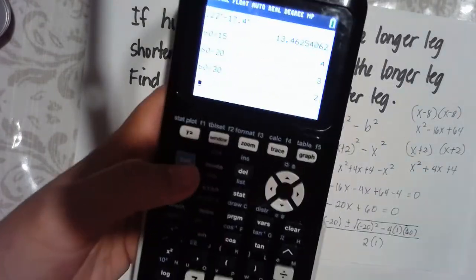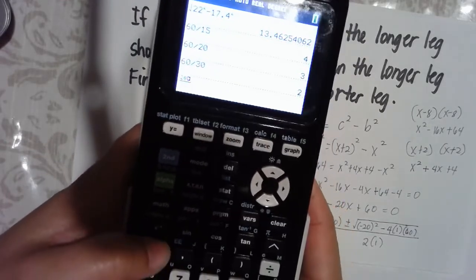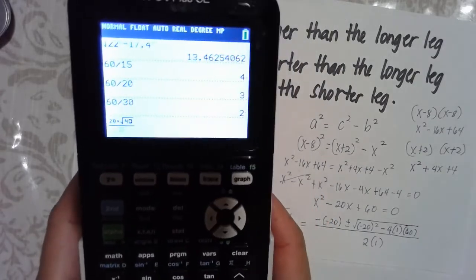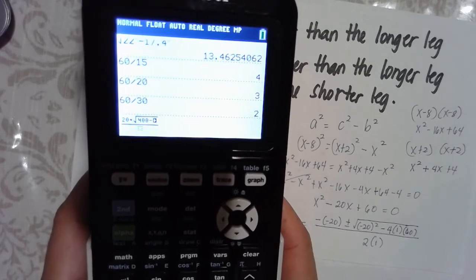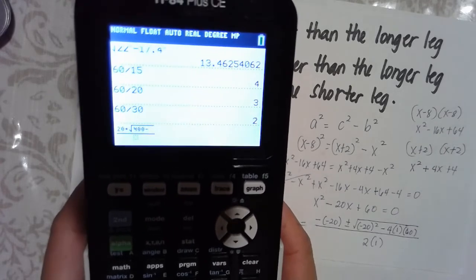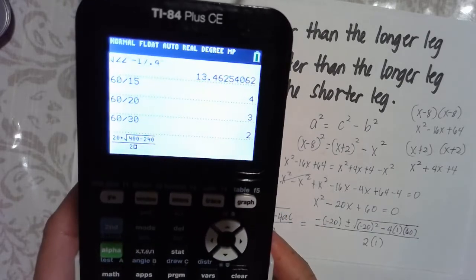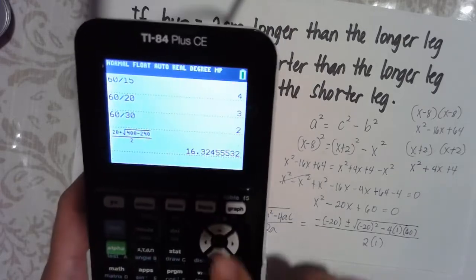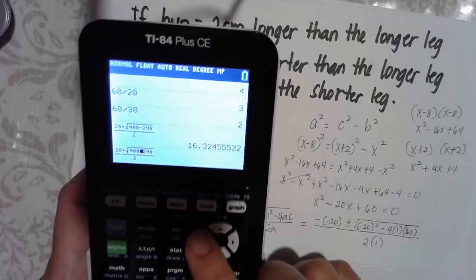That will be 20 plus the square root of 400 minus 240, divided by 2, and that gives 16.3. That's the reason why I couldn't think of a factor: it's a decimal number.